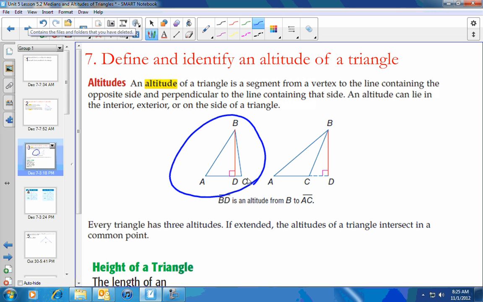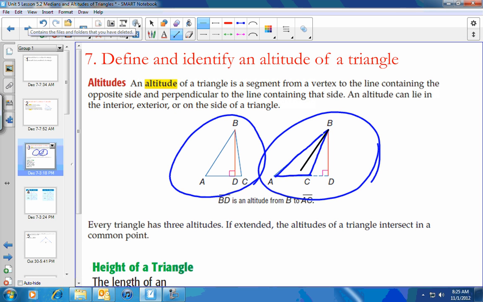But look, if I try the same thing for this triangle, there is absolutely no way to have a segment with one end point at B that's perpendicular to segment AC inside of that triangle, is there? It won't be perpendicular, okay? Any line here I would make is not perpendicular to segment AC.